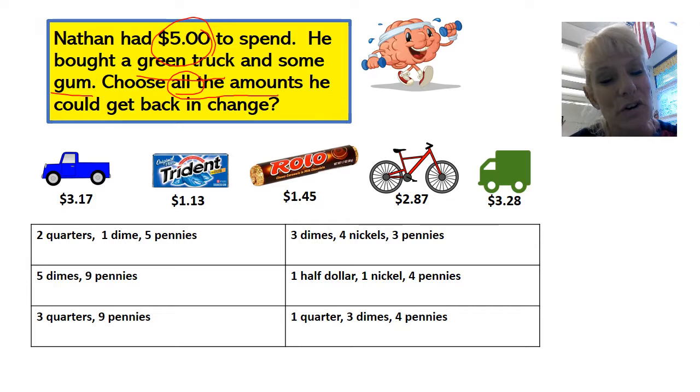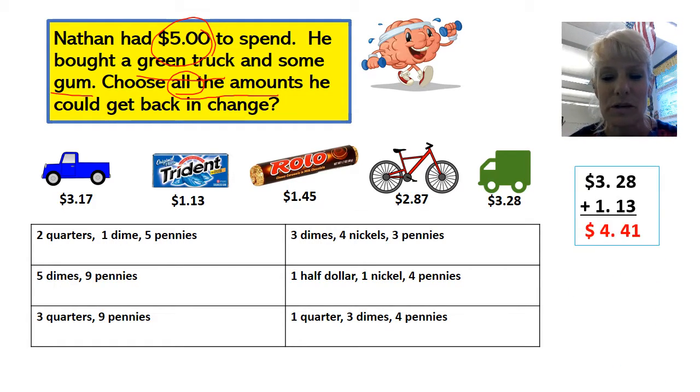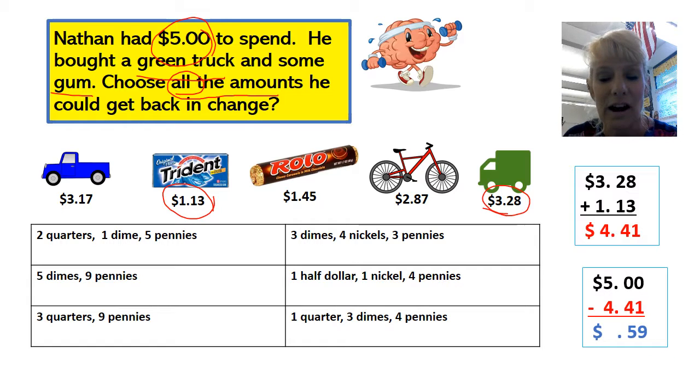All right, the first thing that I would do is I would add my $3.28 and my $1.13, because that is the amount of the gum and the amount of the truck. That gave me $4.41. Next, I would take that $5 and subtract that, and that is going to give me my 59 cents.